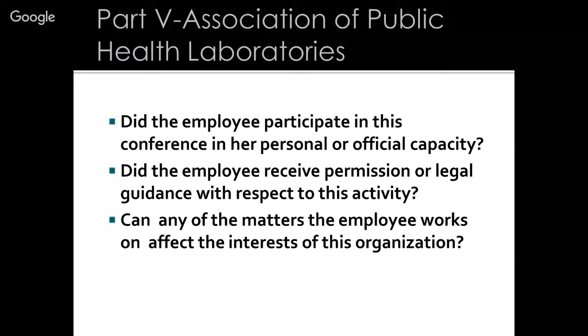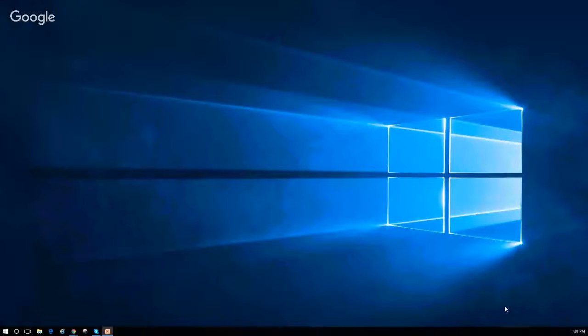Did they actually participate in the conference, or did they merely attend? You really need to drill down into the facts of why they were given the payment, and whether or not they could accept that travel payment. Right. And if somehow this might be a prohibited gift. Exactly. And that's all we have with respect to the form.